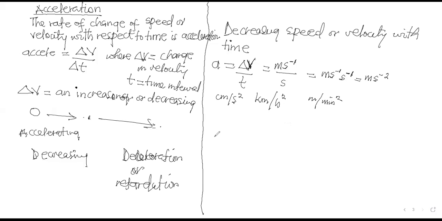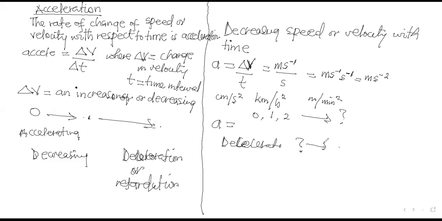Then deceleration: because acceleration is about increasing velocity from 0, 1, 2 to any higher value, for deceleration we must start from a higher value, then drop it to a lesser value.